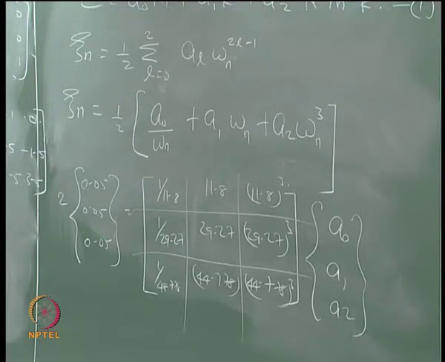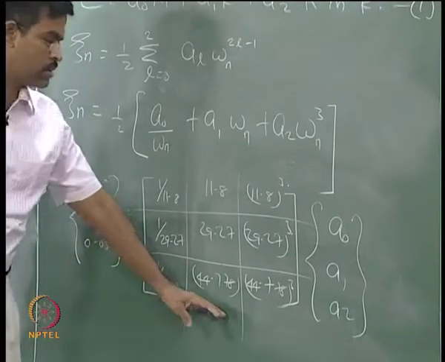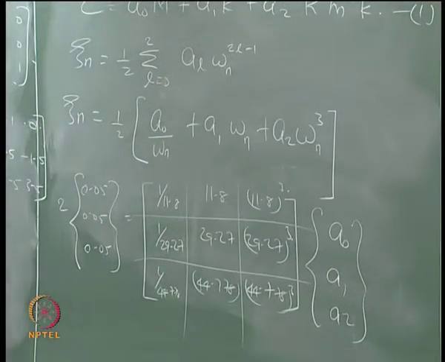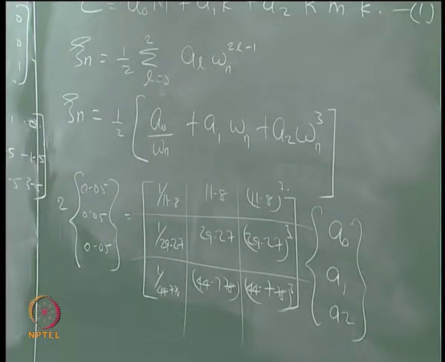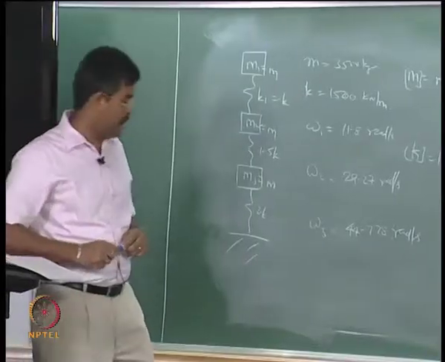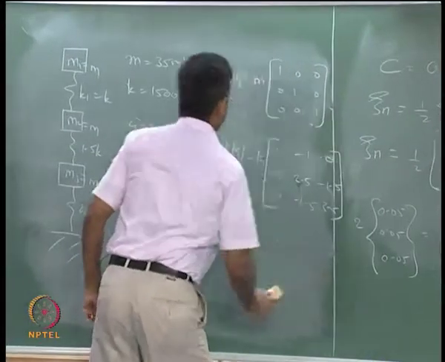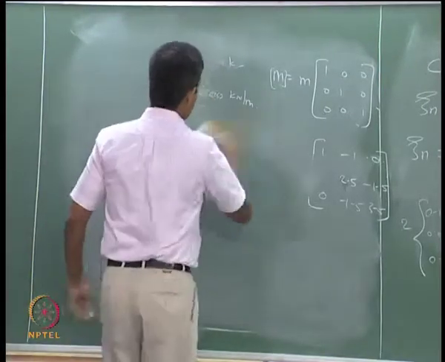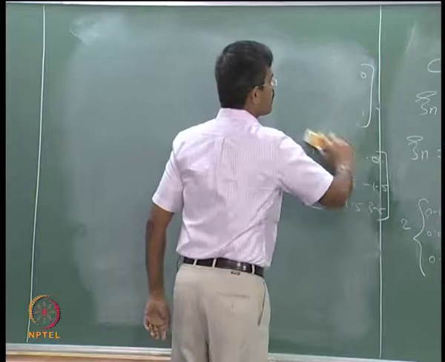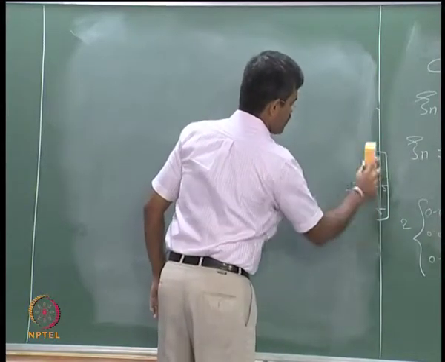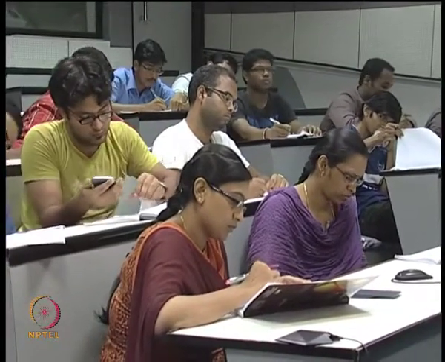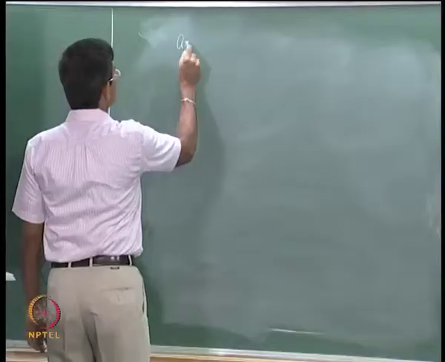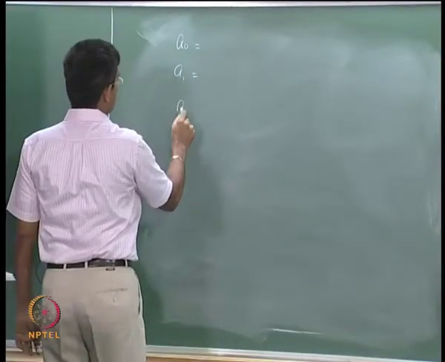Okay, 5 minutes time, invert this matrix and get me A0, A1, A2 quickly. So, what are the values of A0, A1 and A2?